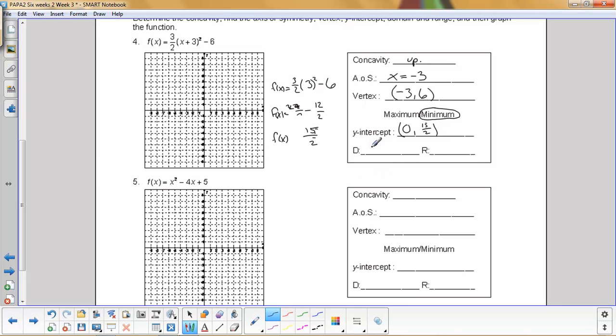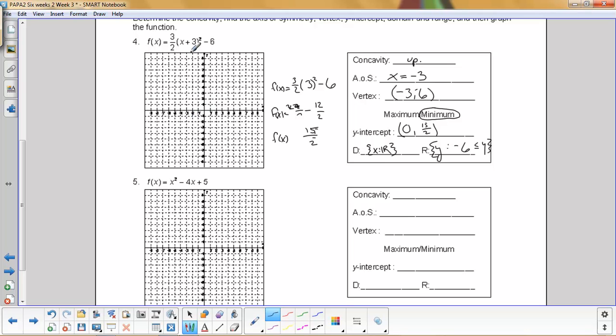Domain in set notation is going to be all real numbers. Range in set notation is negative 6. That's why I'm making my vertex wrong. Negative 6 is less than or equal to y. Close your brackets.